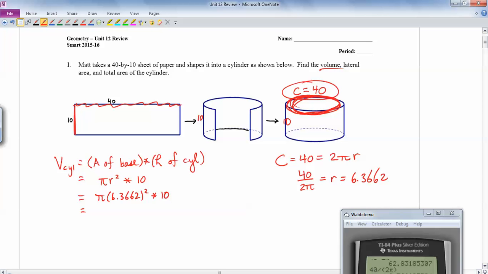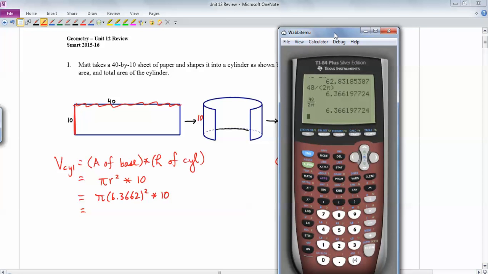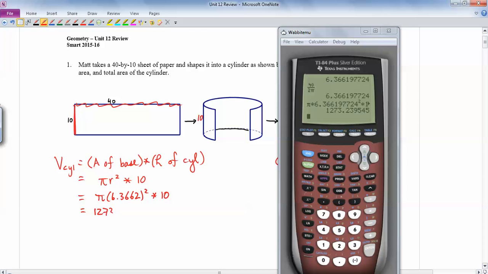And that ends up being 1273.2395. So remember the 5 rounds up, which makes the 39 a 40. So this is going to be about 1273.240.